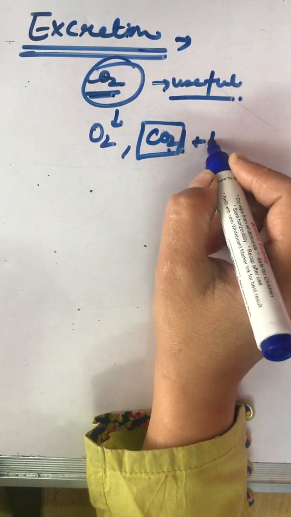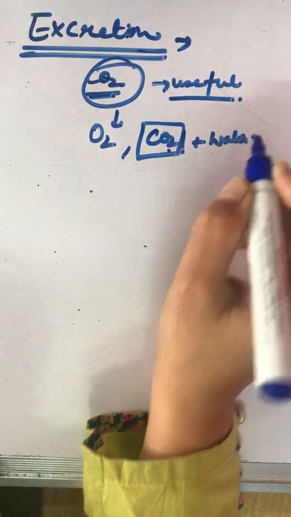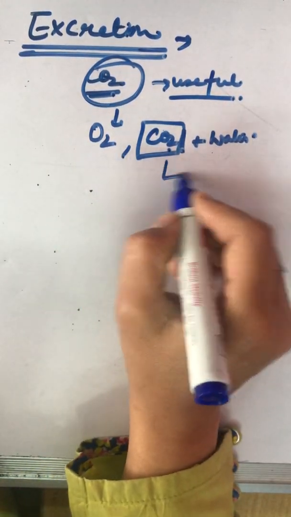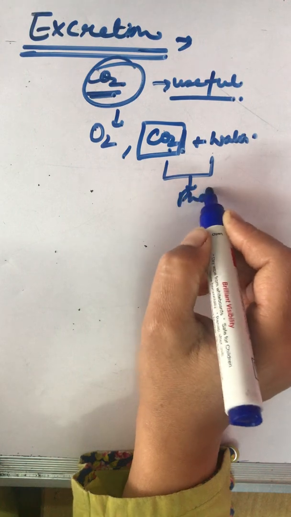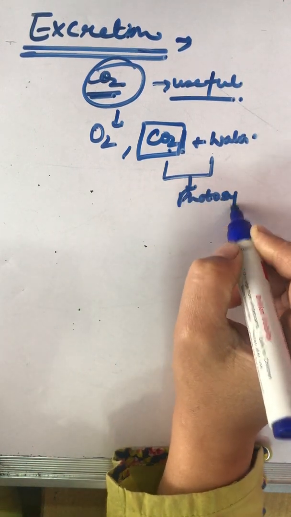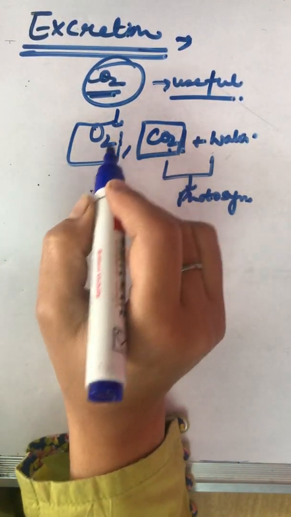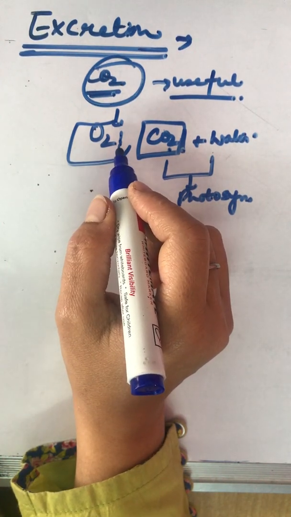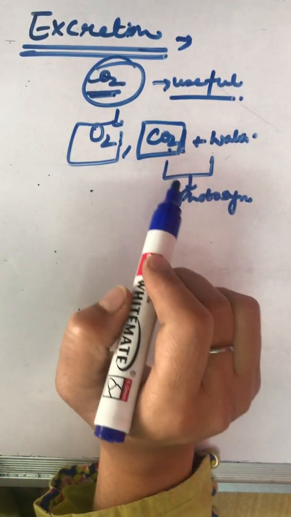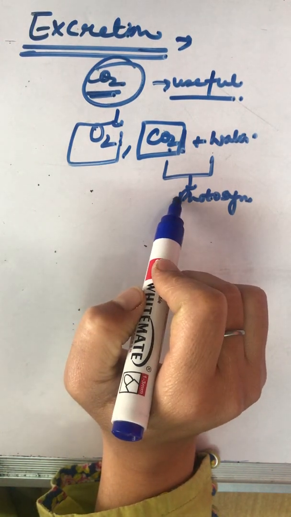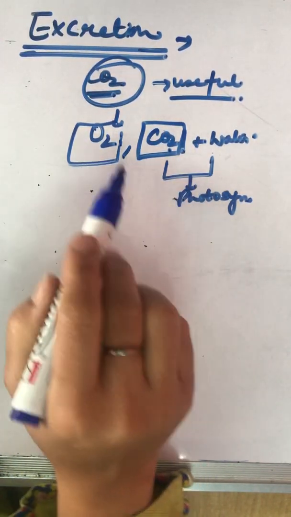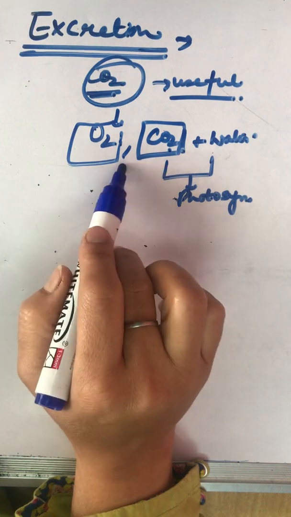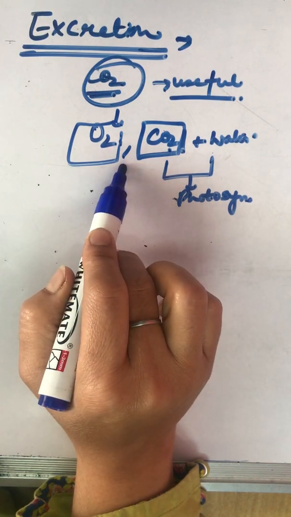And water. CO2 and water are used up by the process of photosynthesis. Again, the balance is maintained. But for plants, the main excretory product left behind is oxygen, which inhibits photosynthesis in higher concentration. So it escapes out from the plant into the environment by the process of diffusion.